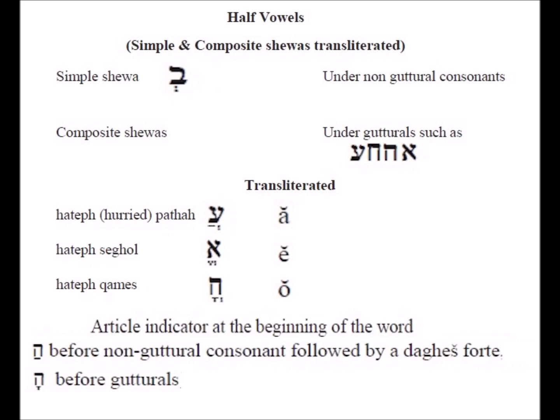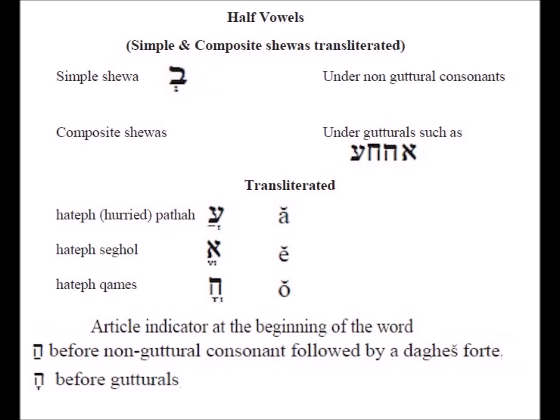You don't have them under gutturals, but under gutturals you have what are called composite Shevas. I'll give you an example, like an Ayin, you'll have a line and two dots, and that is transliterated like an A with a little umlaut at the top, or a U.